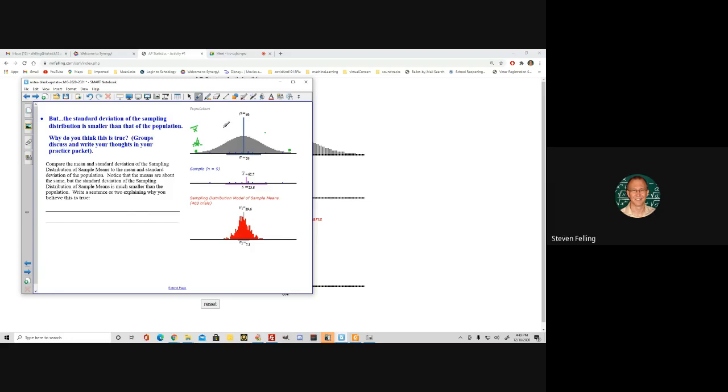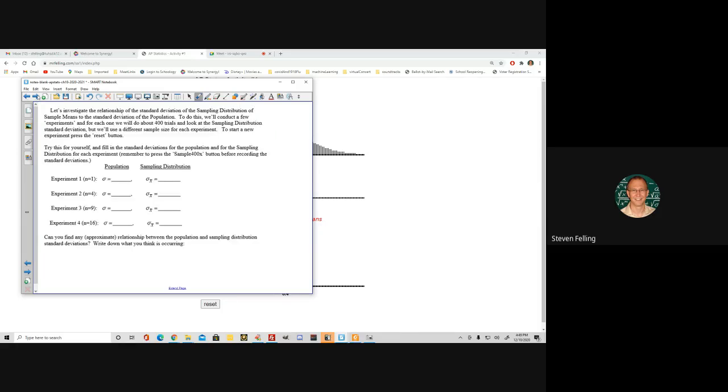So it's very unlikely, when we take 9 things at a time and average, to get an average out in this region. That's why all of the averages end up staying in this region and why the standard deviation is lower. So I would write some words to that effect. For a sample of 9 to have a really high or low mean, all of the samples would need to be high or low. This is very unlikely, so the means end up closer to the middle, and therefore there's less variation in the means than there is in the original data.